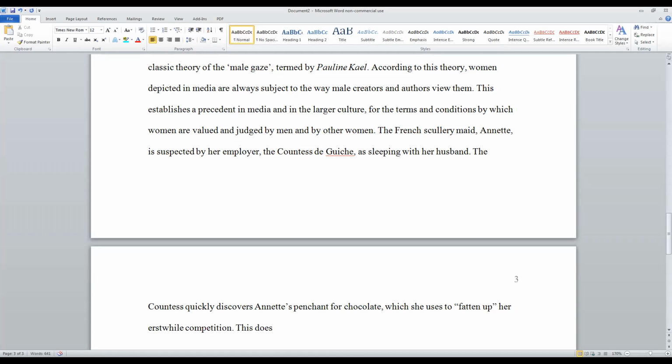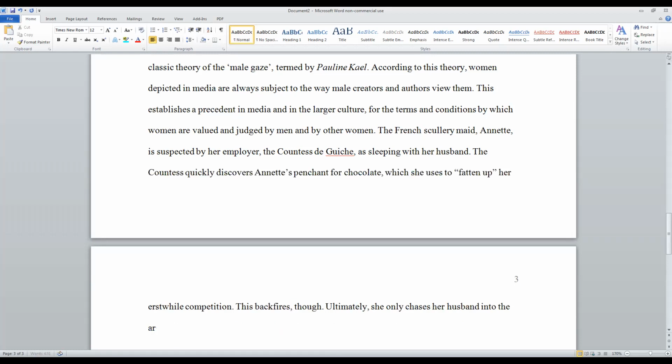This backfires, though. Ultimately, she only chases her husband into the arms of her own mother, getting an ulcer for her trouble.